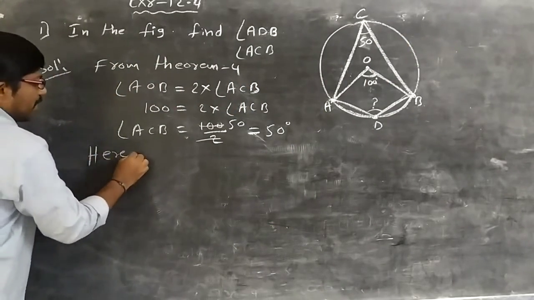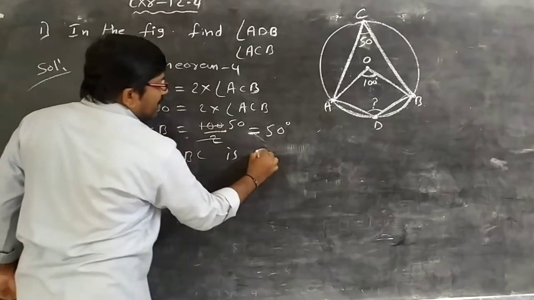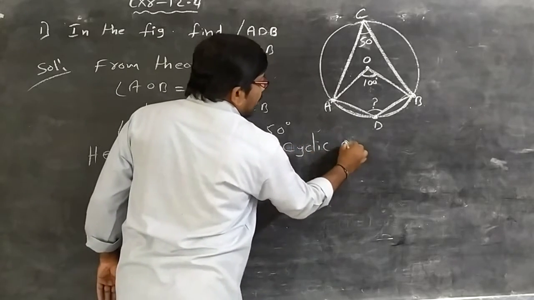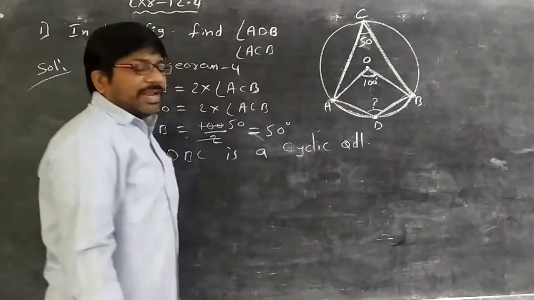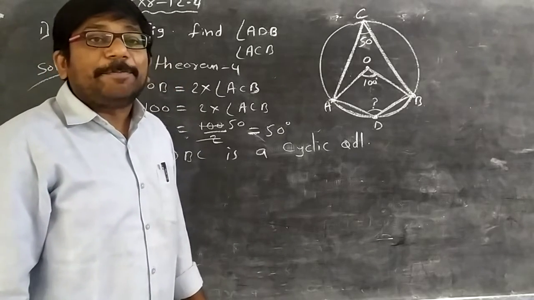Here ADBC is a cyclic quadrilateral, right? So we know very well, in a cyclic quadrilateral the opposite angles are supplementary.